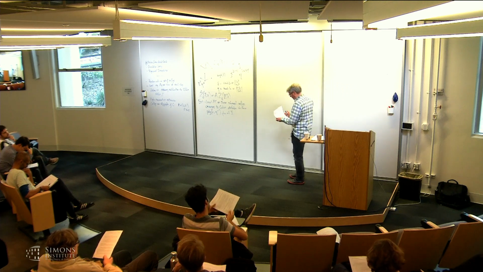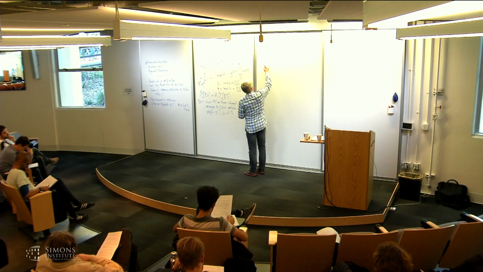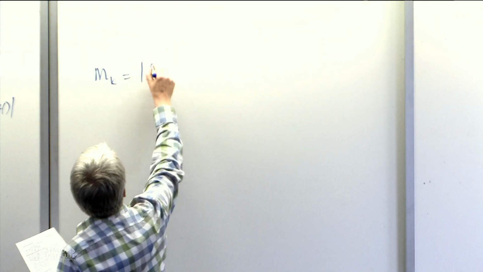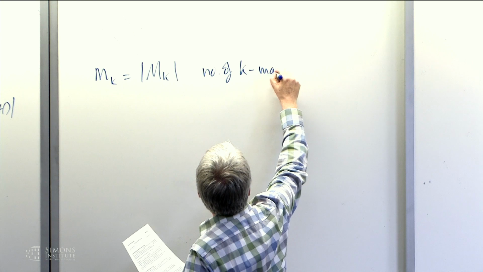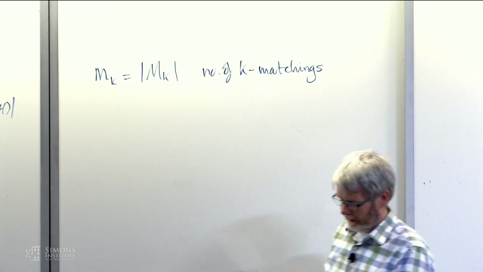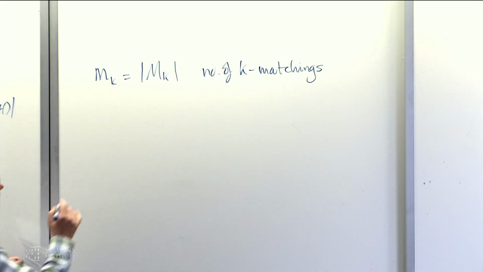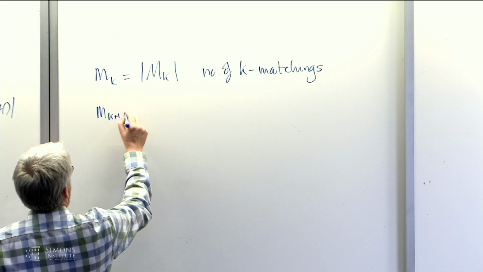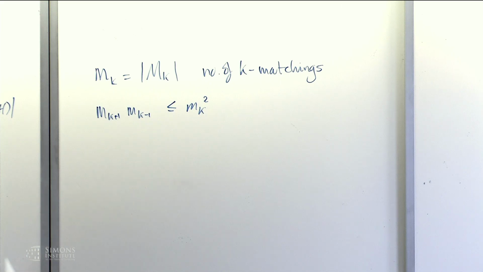So we want to show that, if we let m_k be the number of k-matchings in a graph, these coefficients of the matching polynomial are log concave. So we want to show this inequality.